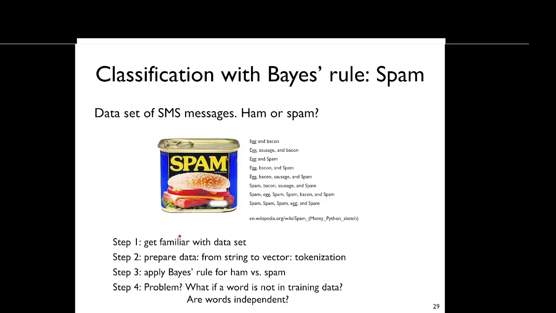Now, let's turn to a really proper practical application and build a spam filter using the Bayes rule. And a little digression, spam is actually what you see depicted here. So spam was a food that was sold in Britain after the war when food was scarce, and it was some mashed up meat, and supposedly it stands for salted pork and meat, and it was apparently not very tasty.